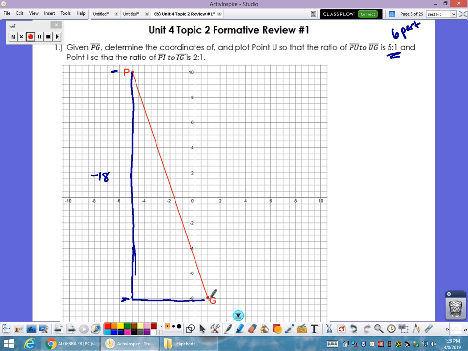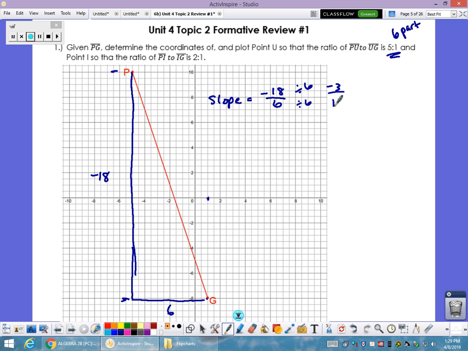And right how much? 1 over, and how many this way? 5, so a total of 6. So our slope is -18 over 6, and if I want to break that into 6 parts, I'm going to divide the numerator by 6 and divide the denominator by 6, and we get -3 over 1.